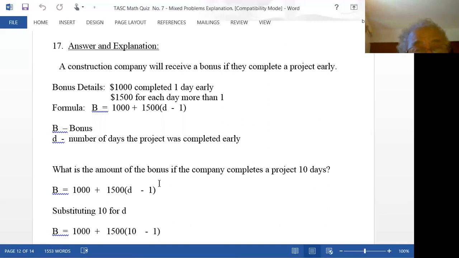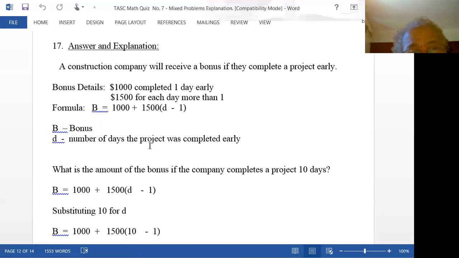In other words, if they completed a project 5 days earlier than what was projected, then they get 1,000 for the 1 day, and then for the additional 4 days, it'll be 4 times the 1,500. So it'd be 6,000 plus 1,000, or 7,000.